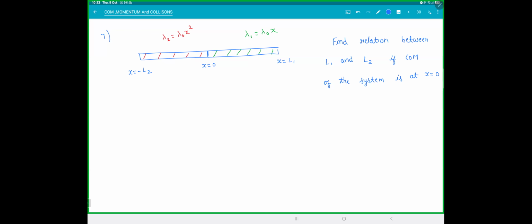Here the dimensions won't match because this is lambda naught x square. I took lambda naught x, so don't worry about the dimensions part here. I should have taken it as lambda naught x square by L2 square and lambda naught x by L1, but it's fine. Okay. Let's not worry about it.